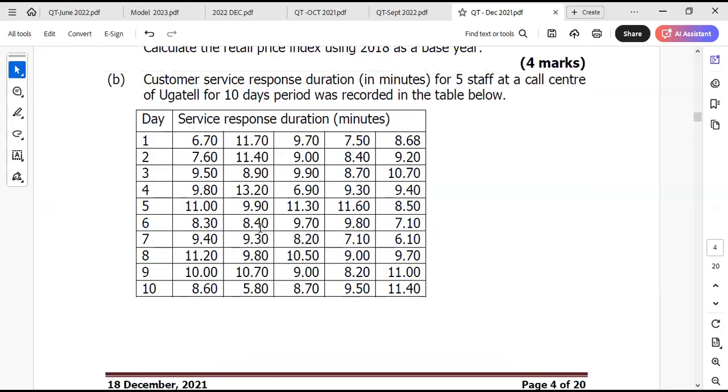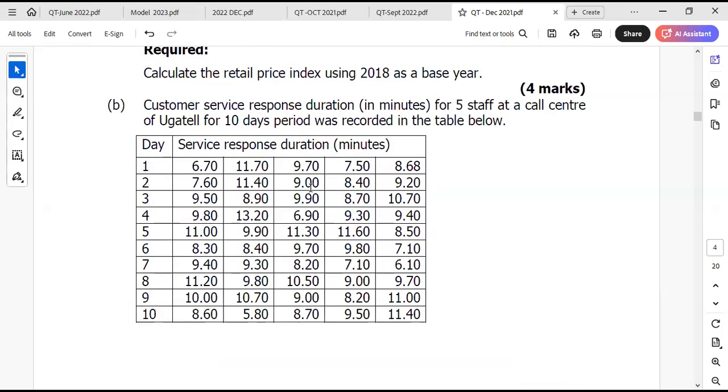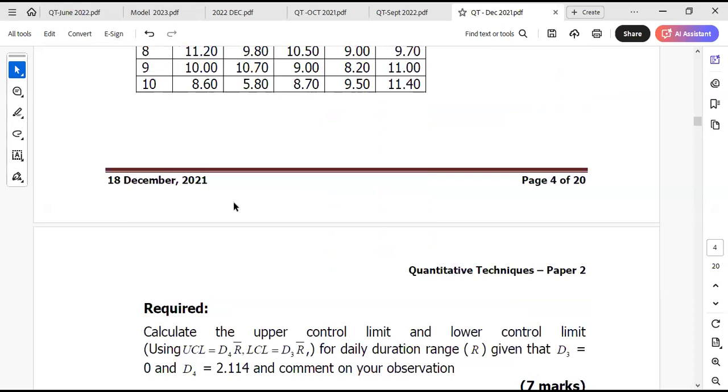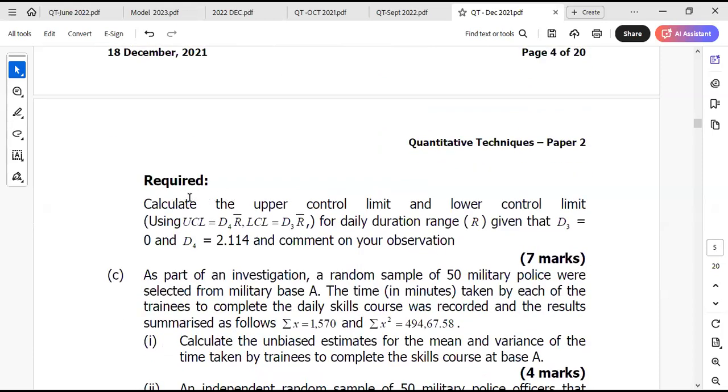Colleagues, we are here, December 2021. In the required part, they are telling us to calculate the upper control limit and lower control limit. At this point, you don't know whether you are dealing with mean or range.